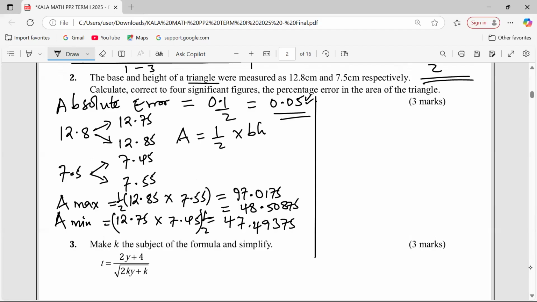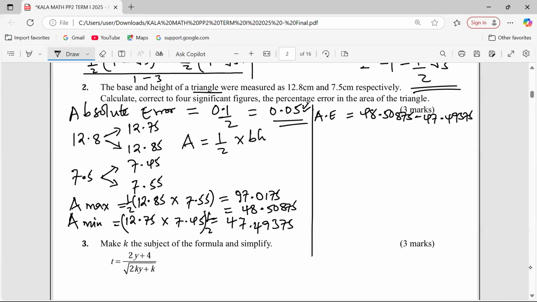Now we are talking about absolute error in the computation of the areas, whereby we say absolute error shall be maximum minus minimum over 2. So 48.50875 minus 47.49375.